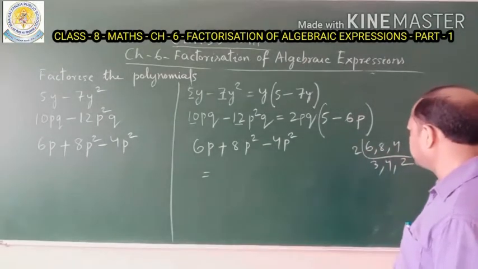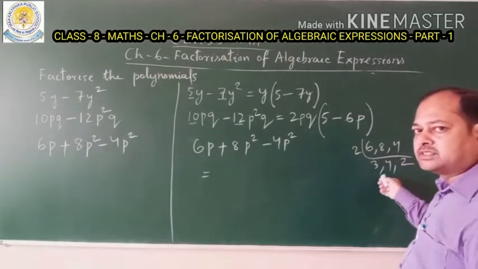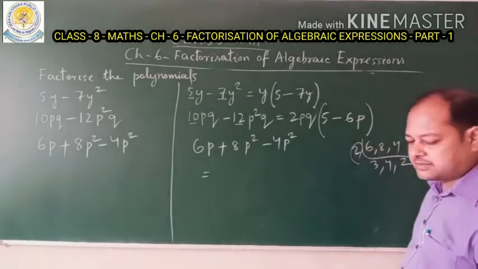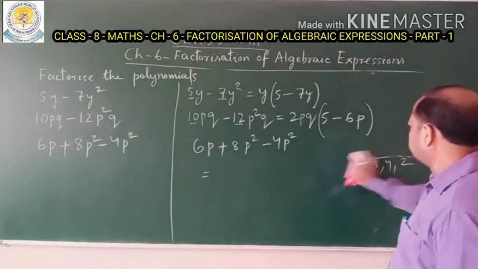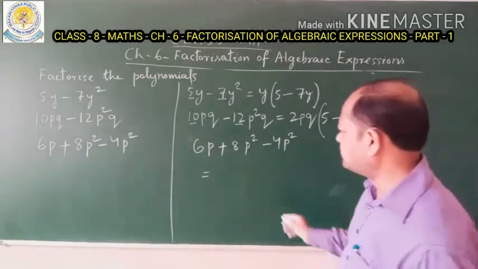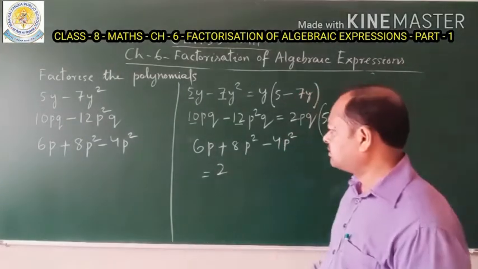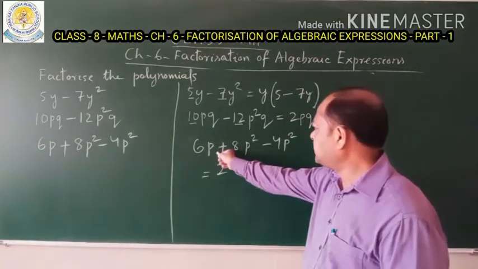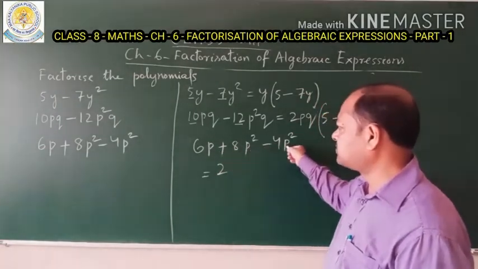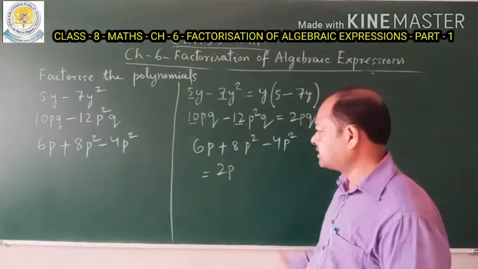Is any other number dividing all three? No. So 2 is the HCF. That means 2 is the common coefficient here. I am writing 2 here. Now see the literals. p is present here, here also, and here also. So write p here.